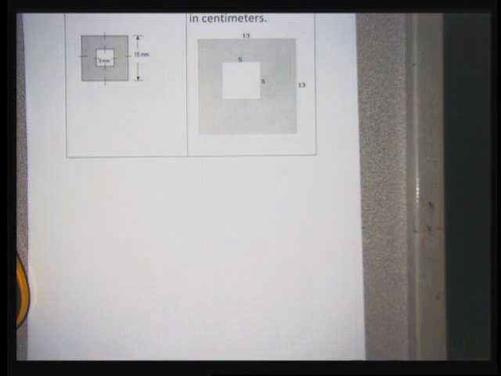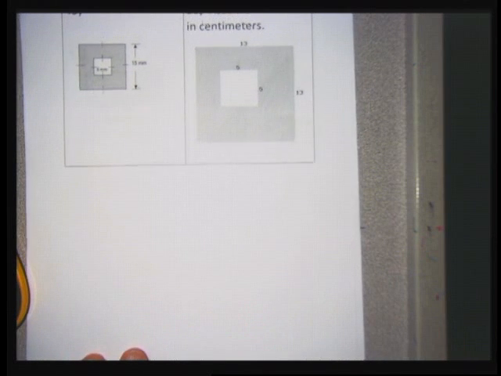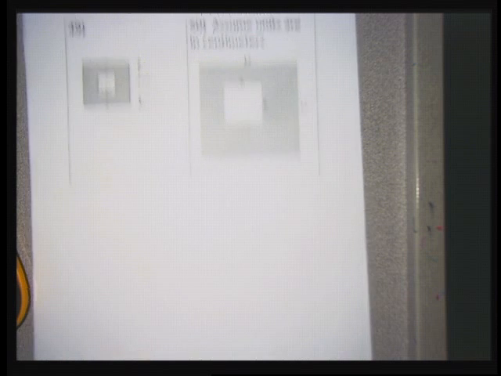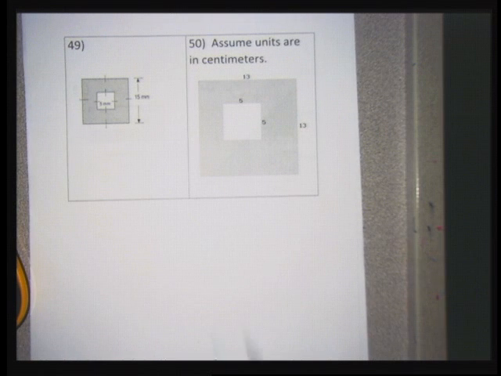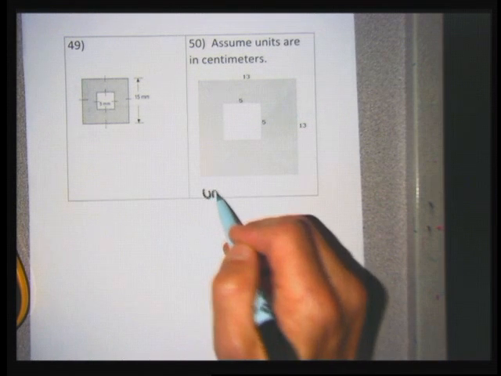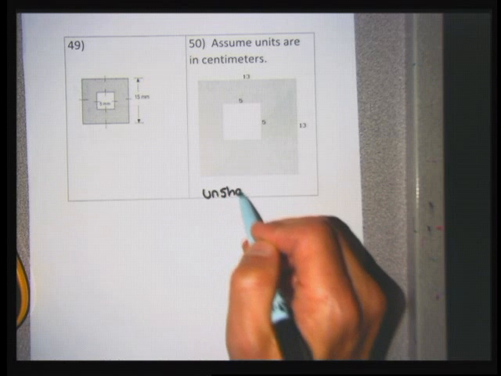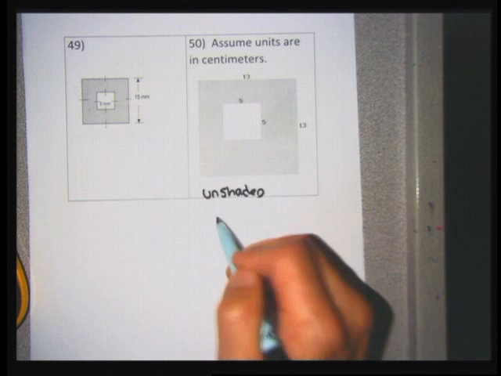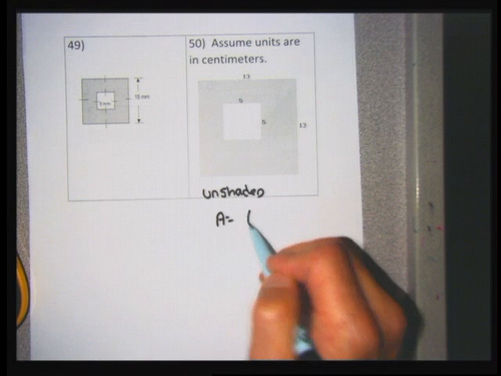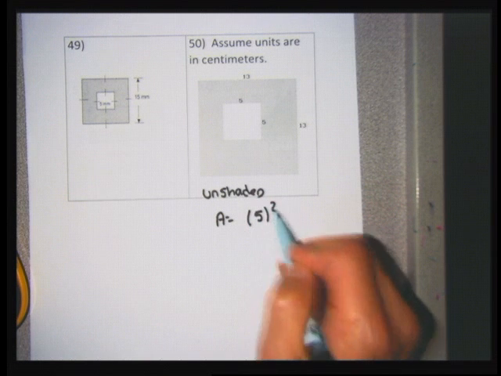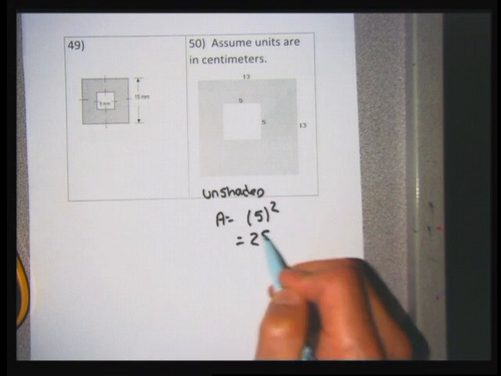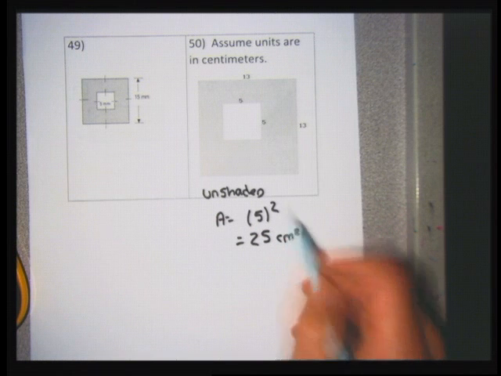This feels just like the first problems. So for 50, I'm assuming my units are in centimeters, so the unshaded area is going to be side squared, so it's 5 squared, so it's going to be 25. If I want units, it's square centimeters.